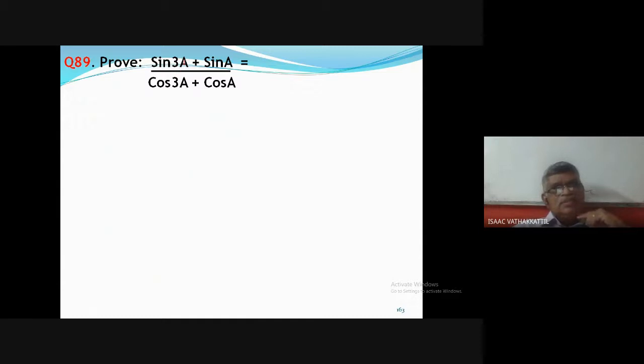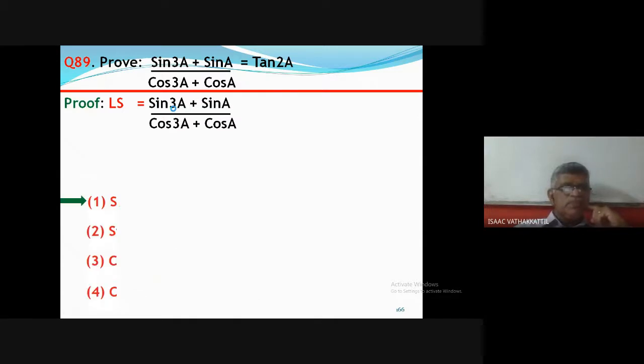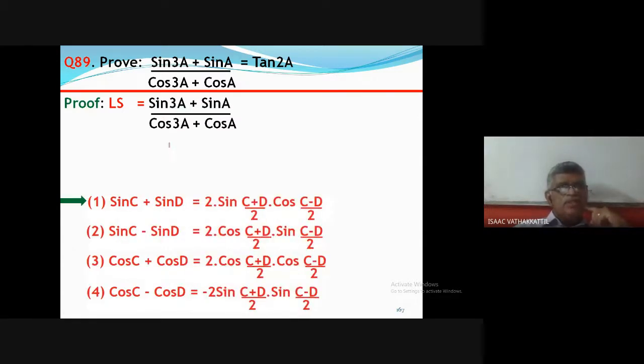Prove that sin 3A plus sin A upon cos 3A plus cos A is tan 2A. Sin plus sin and cos plus cos. Take left side. Numerator sin C plus sin D: 2 sin of 3A plus A by 2, that is sin 2A, into cos of 3A minus A by 2.